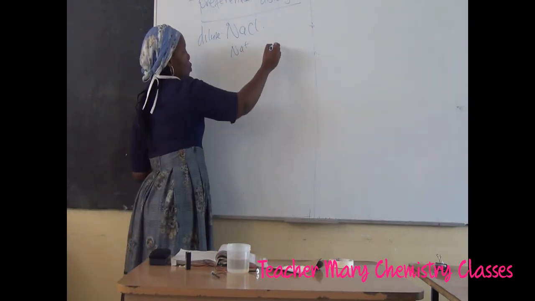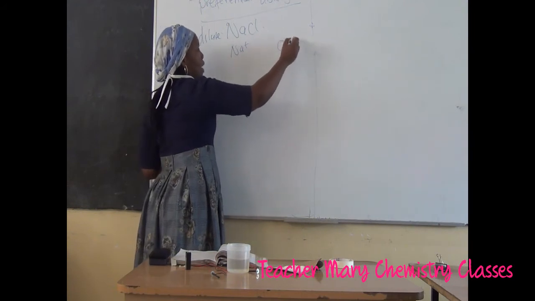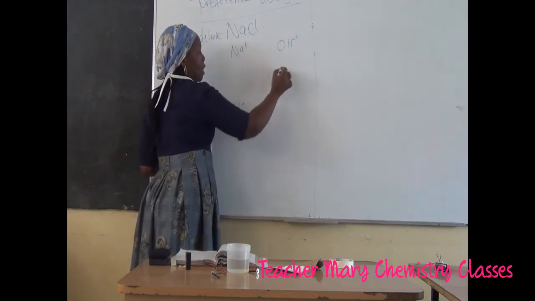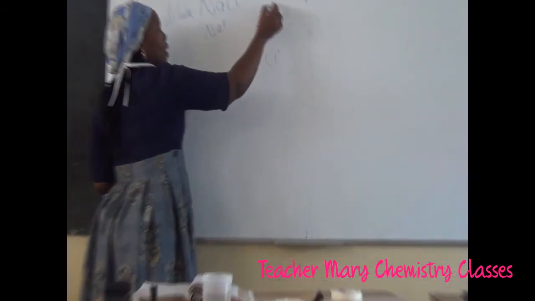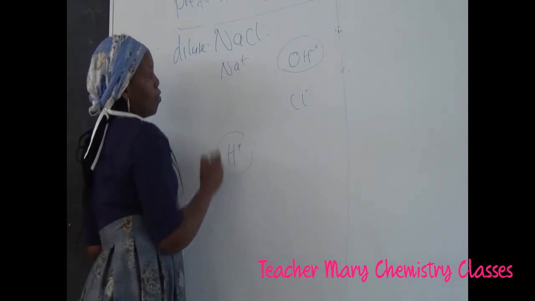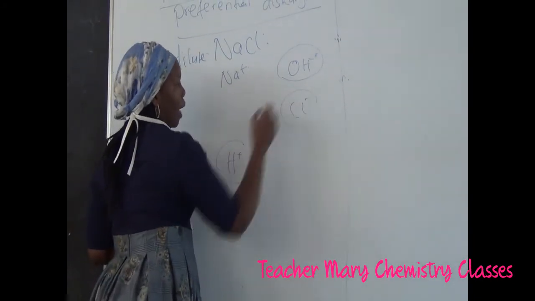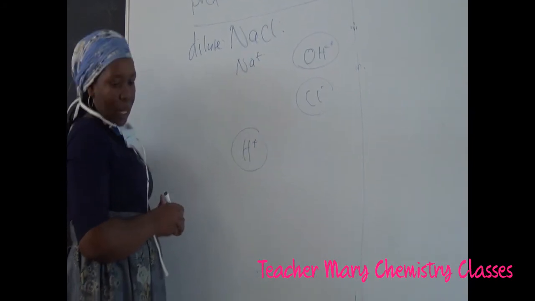And when we came to the anions, we discovered that OH ions are higher than the chloride ions, so the OH ions are going to be preferentially discharged, and the chloride ions are not going to be discharged in dilute sodium chloride.